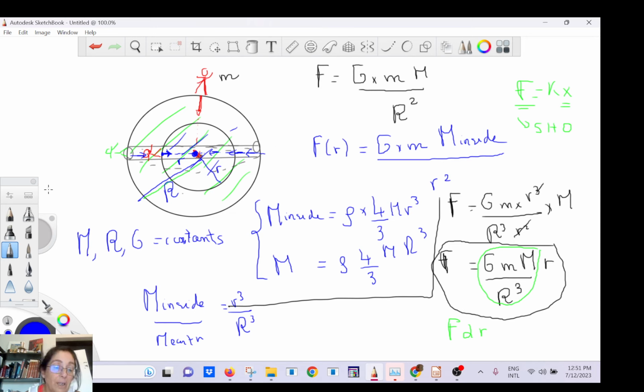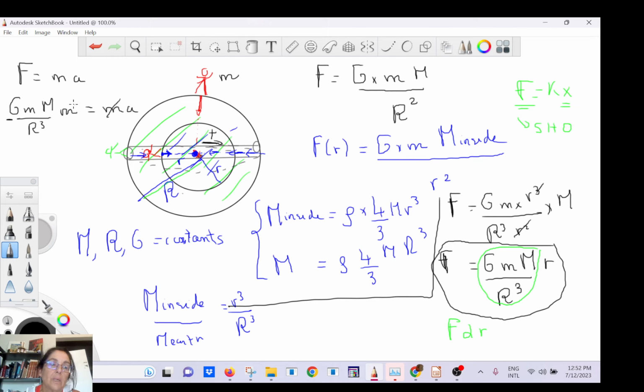how to find the period because we know that F equals ma. So I have G, the mass of the Earth, over R cubed times r, and it's negative here because if positive r is in this direction, the force is always in the opposite direction, equals ma.